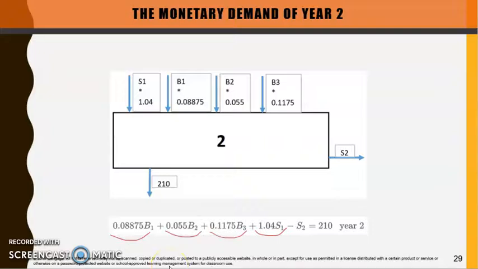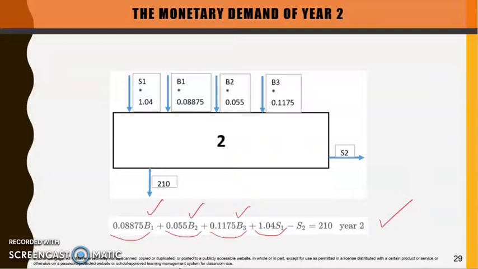What's the point of this? It guarantees that with this amount of income that you have, you can cover your obligation at the beginning of year 2.